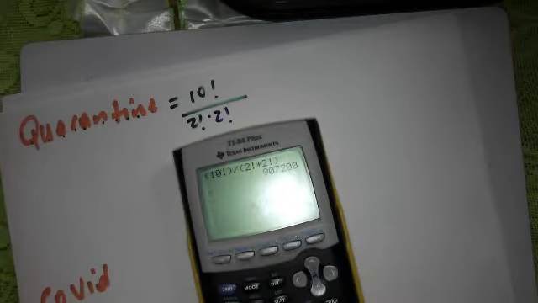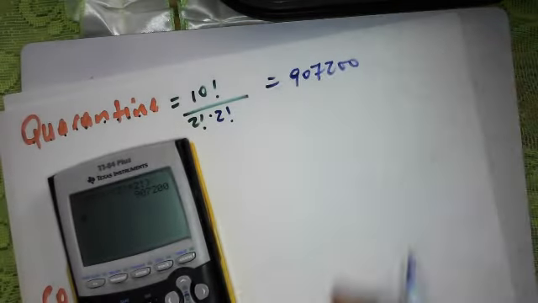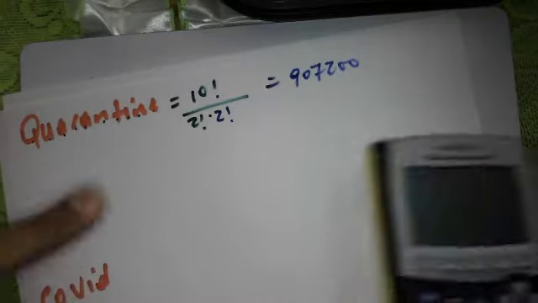And that would give us 907,200. Of course, you could go ahead and do it by hand, but for the sake of time, let's just continue.